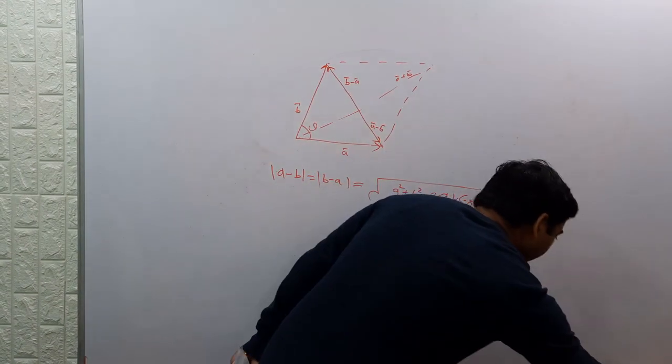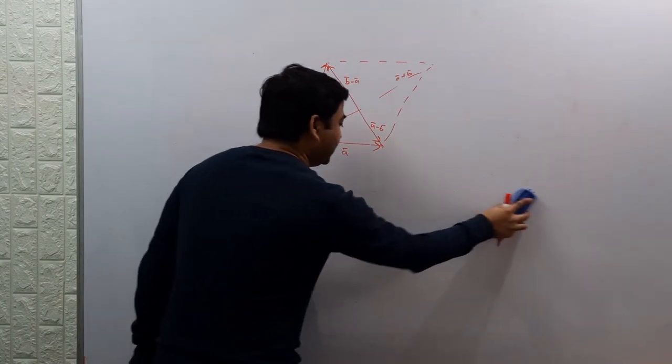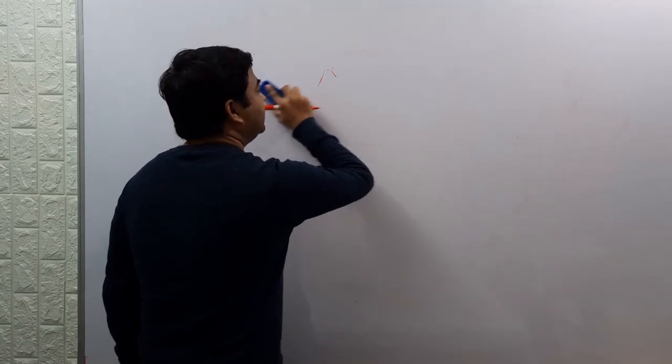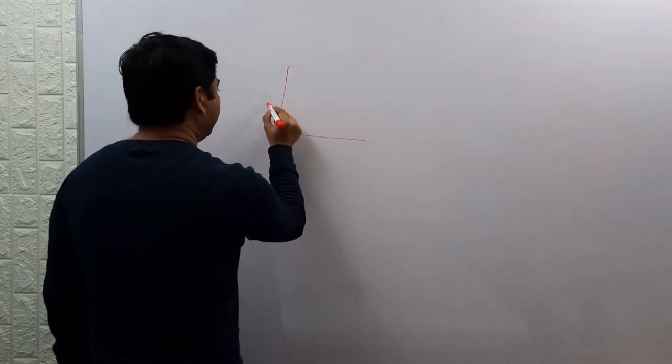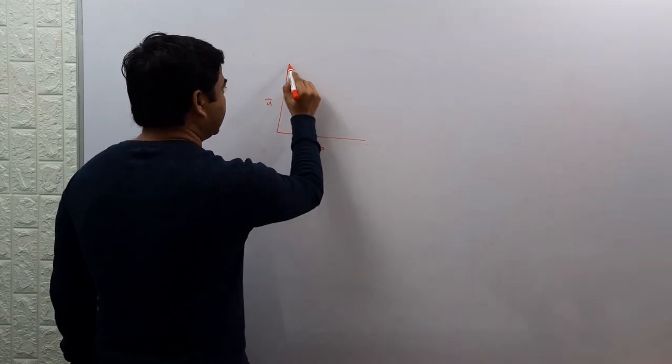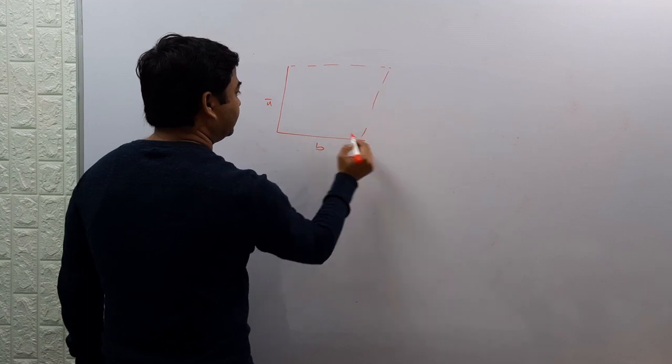Now we will see both parallelogram and triangle law are the same when we use the method of subtraction. So let vector A, vector B, complete the parallelogram.